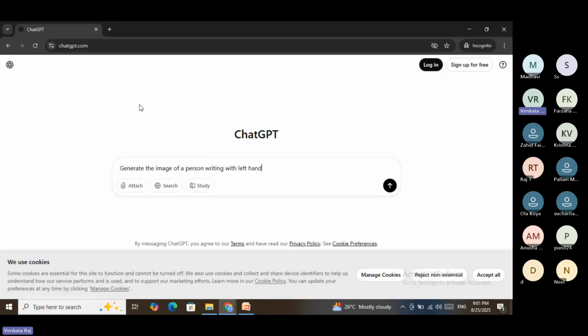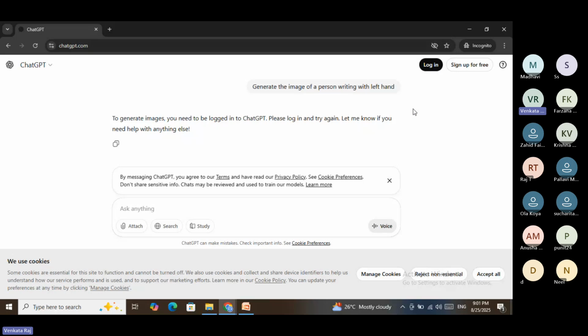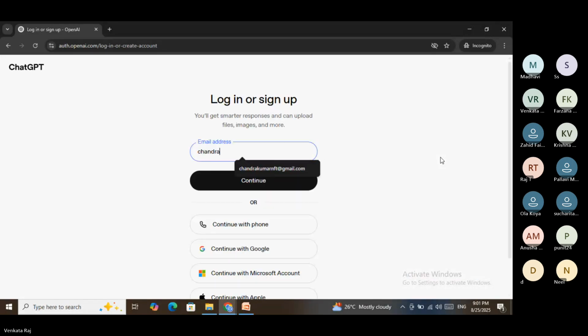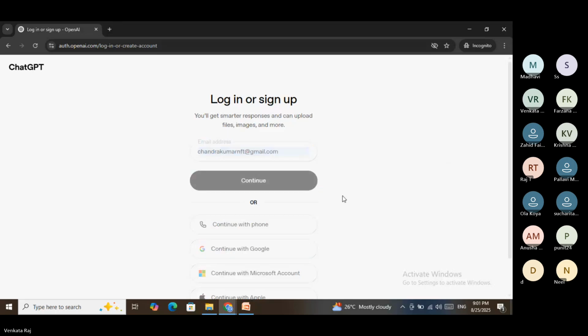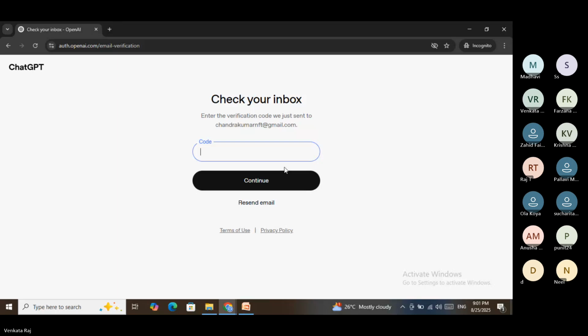Generate the image of a person writing with left hand. Okay, let me log in, guys. One moment.